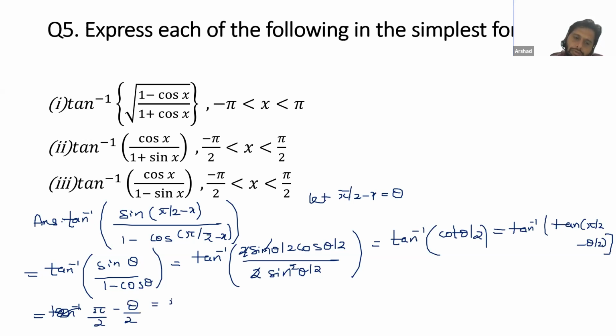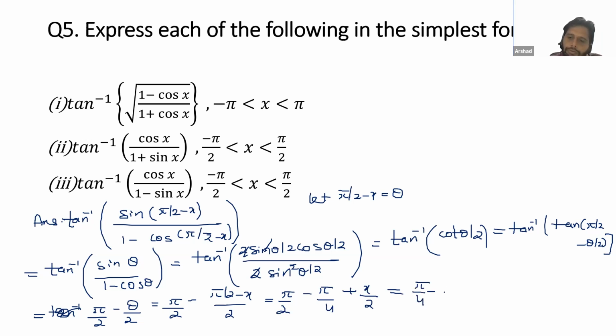So here you will get pi by 2 minus theta by 2, where theta is pi by 2 minus x. So pi by 2 minus pi by 4 plus x by 2. Okay, so here pi by 2 minus this is pi by 4 plus x by 2.